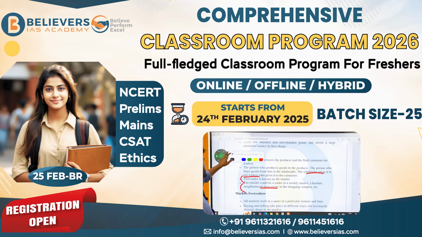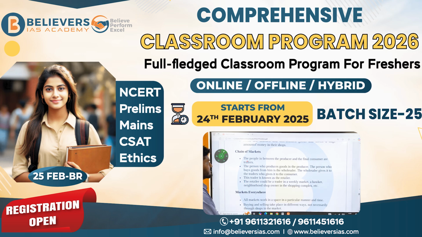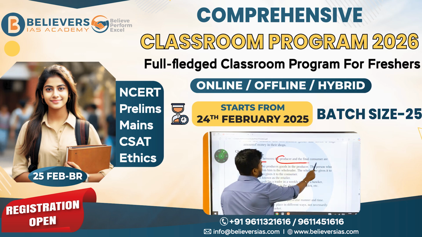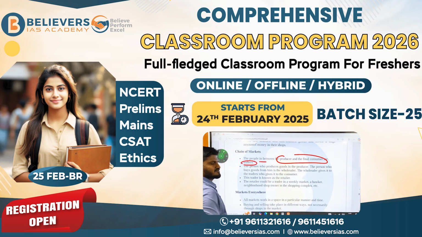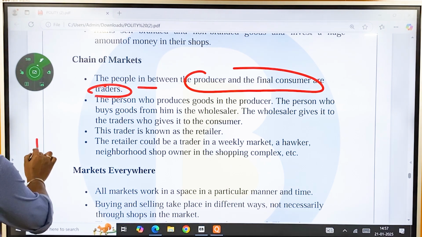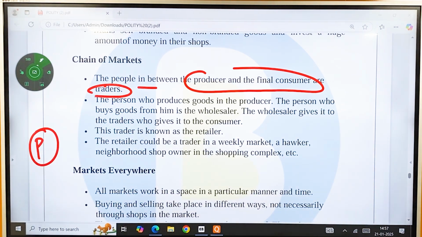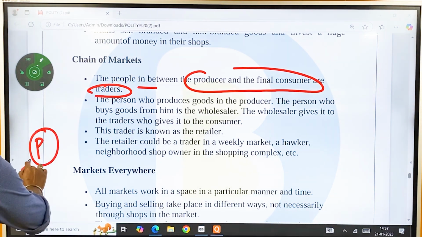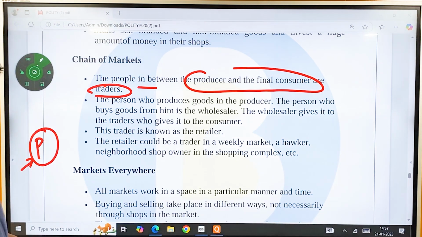Then next is the chain of markets. The people in between the producer and the final consumer are called traders. The person who produces the good is the producer. The person who buys from him is called a wholesaler. The wholesaler gives it to the trader, who then gives it to the consumers. First is the producer, who takes the raw materials and converts them into finished goods.